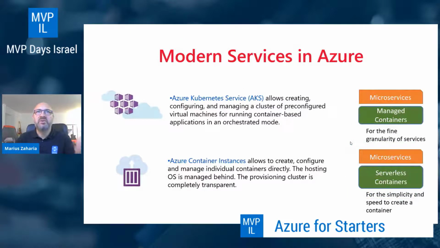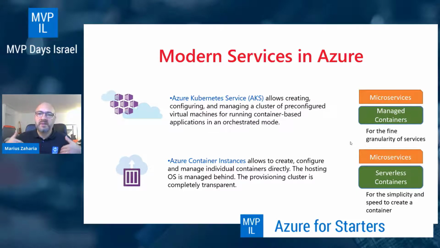And also we have Azure Kubernetes Service, AKS, which is the managed containers service in Azure, and it lets you deploy microservices essentially, right? You can also have Azure Container Instances, which lets you deploy serverless containers individually or as small groups.